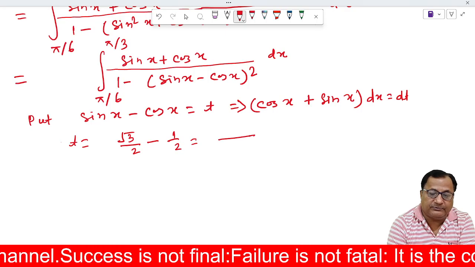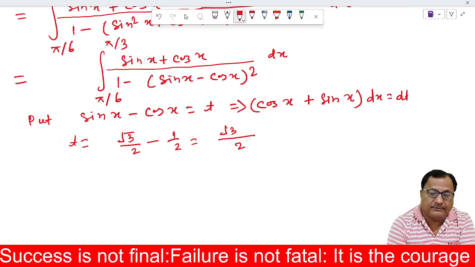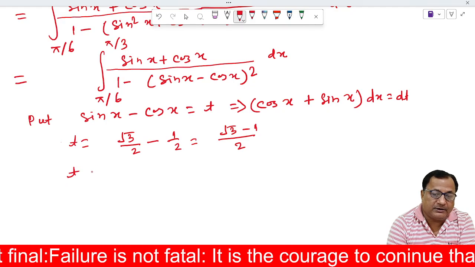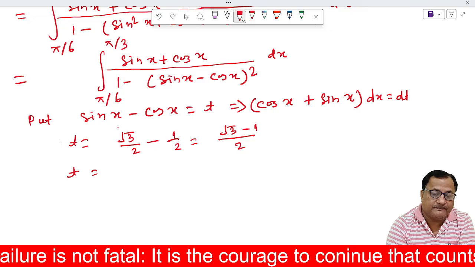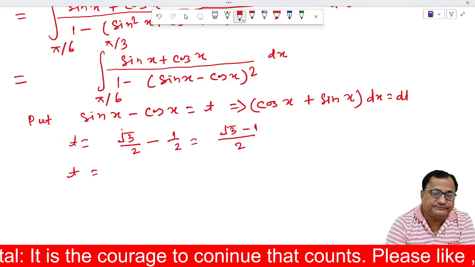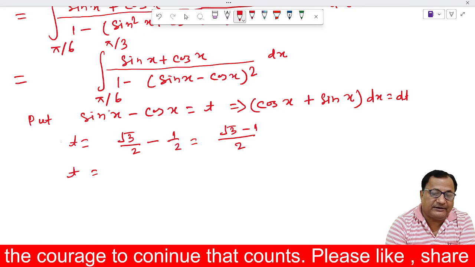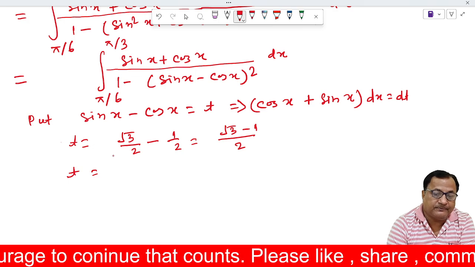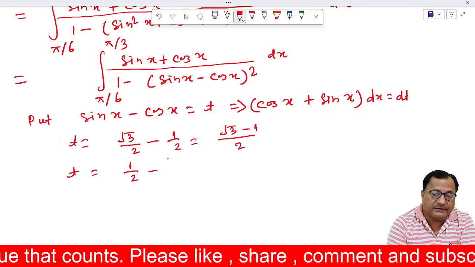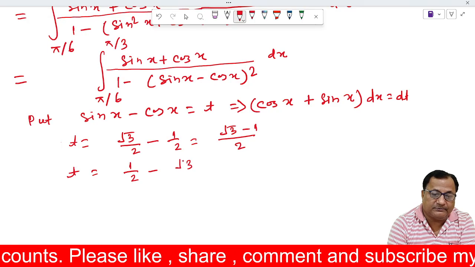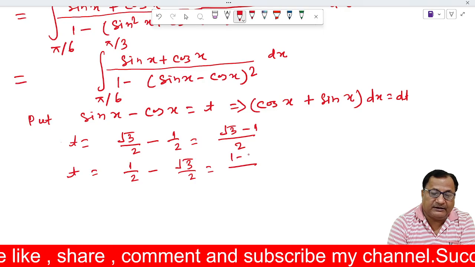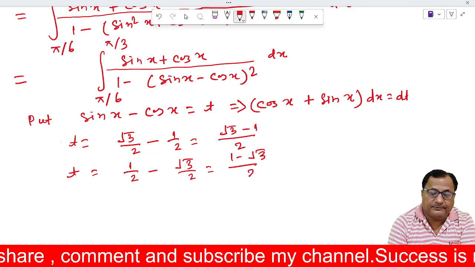So the upper limit will be root 3 minus 1 by 2. Lower limit: if you put the value pi by 6 here, sin pi by 6 is equal to 1 by 2, and cos pi by 6 will be root 3 by 2. So the lower limit will be 1 minus root 3 by 2.